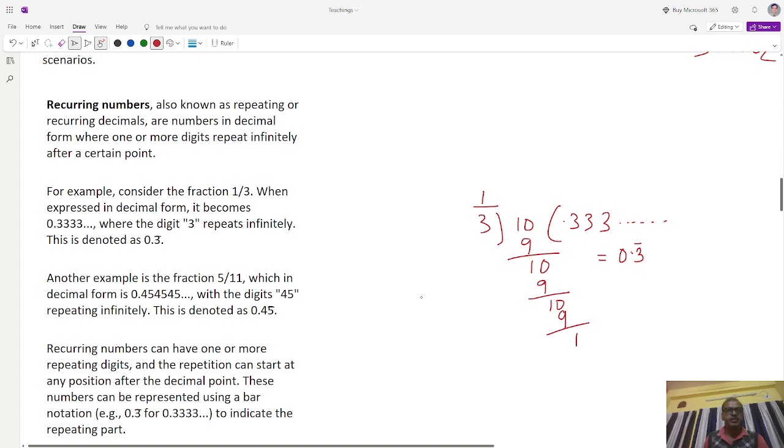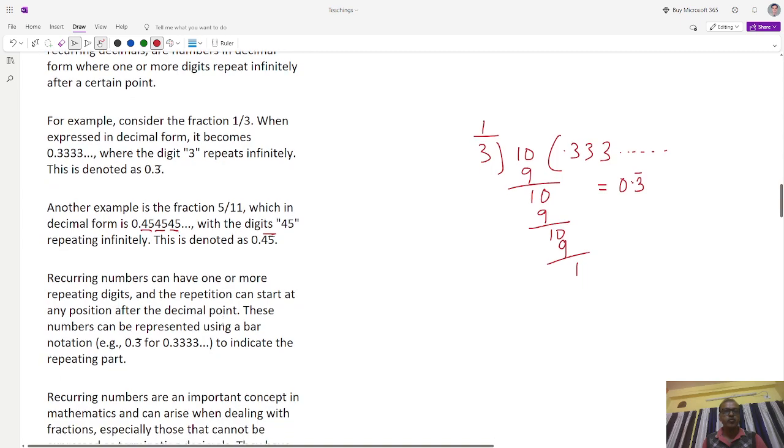Another example is the fraction 5 by 11, whose decimal form is 0.454545, repeating two digits together. This is denoted as 0.45 bar. Okay.